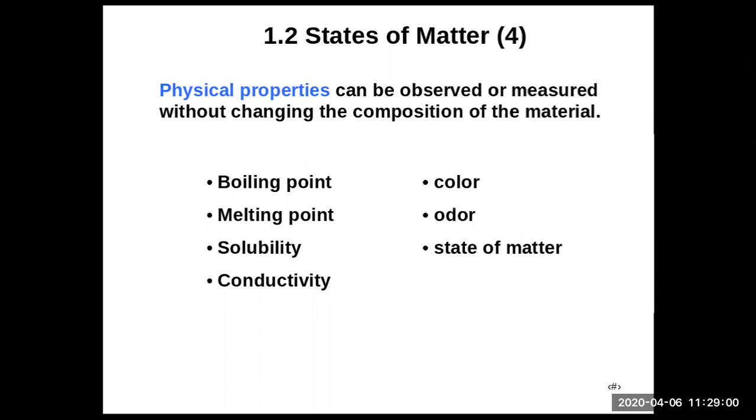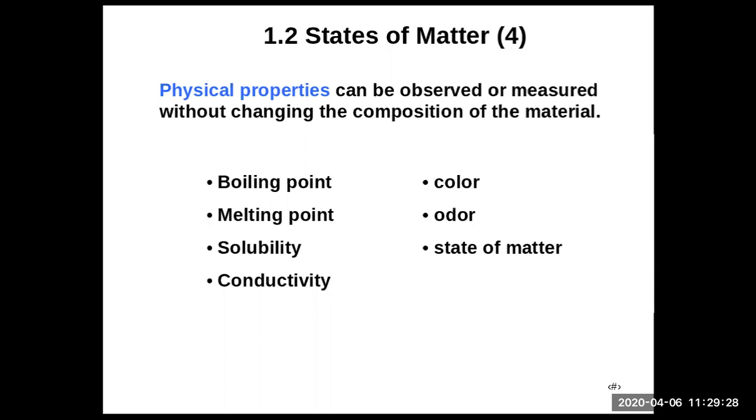Conductivity is also a physical property. For example, imagine a copper wire, a wire of metal copper. When you have electricity going through it, this makes the electrons within the metal move, but this movement doesn't change the identity of the metal.